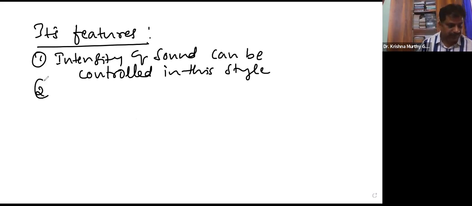First characteristic. Second one, use of helical swaras.